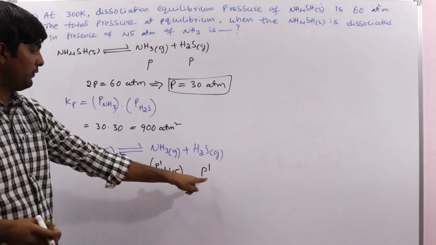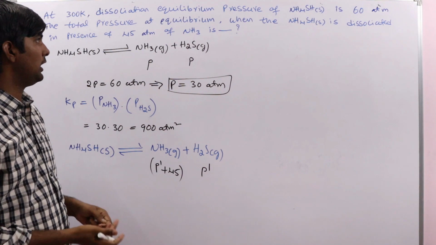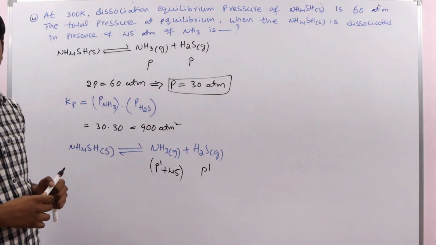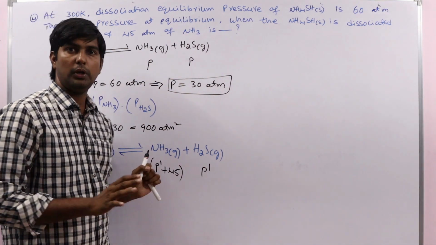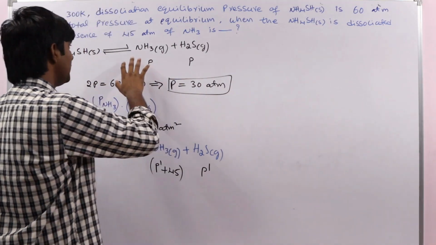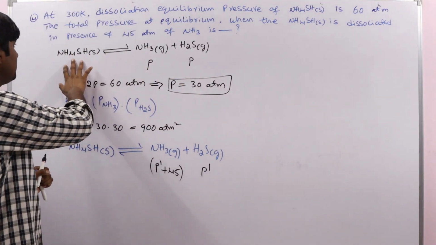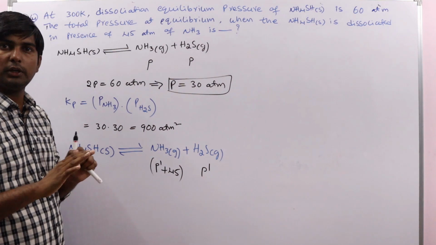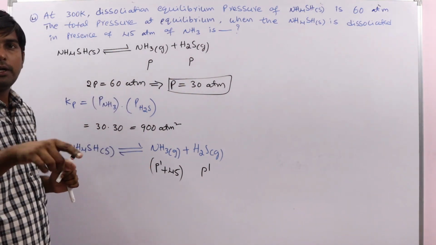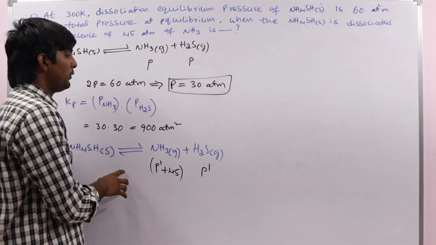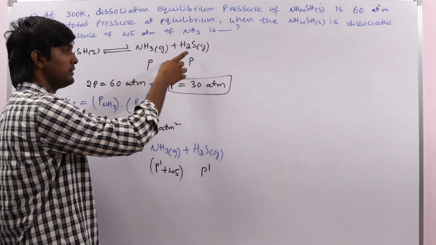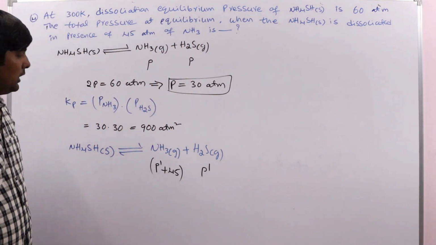First if we calculate P dash, then we can calculate the total pressure at equilibrium. Very simple, nothing to confuse here. In the first case, they gave only the dissociation of NH4SH, with nothing else present. In the second case, they provided NH4SH along with NH3.